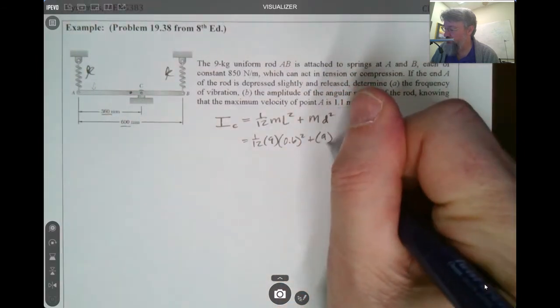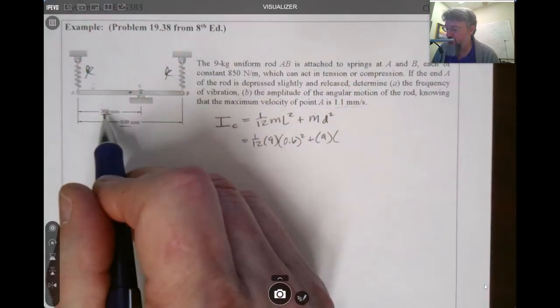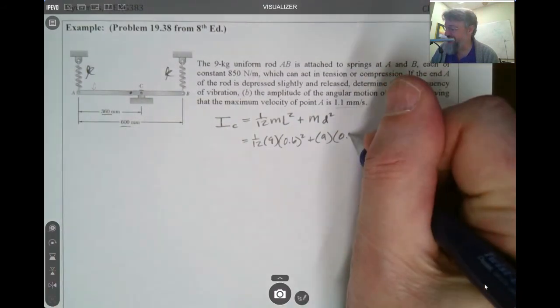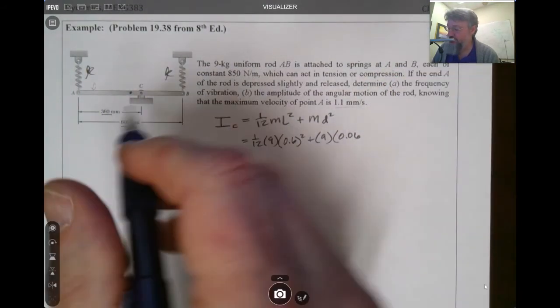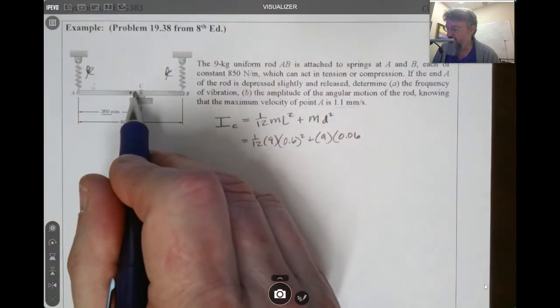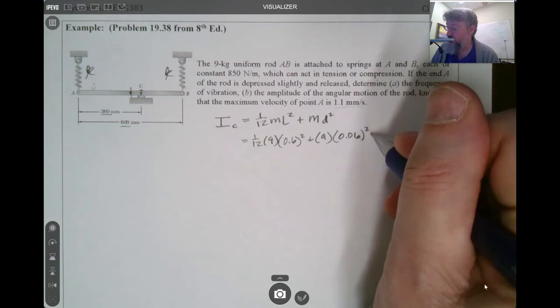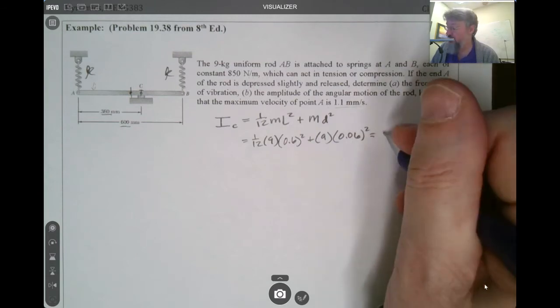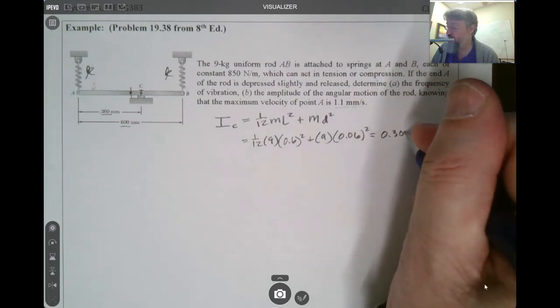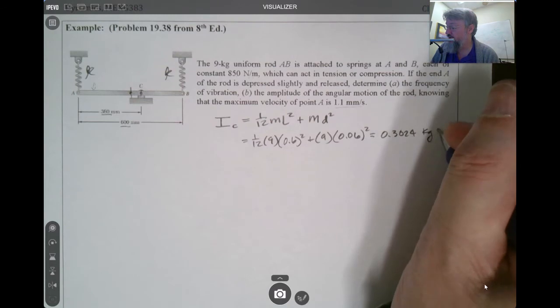We're going to move it with the mass, and the distance now should be 0.06, right? Because we're going to move it 60 millimeters, must be the distance in between that we're moving the thing squared. And so we get 0.3024 kilogram meter squared.